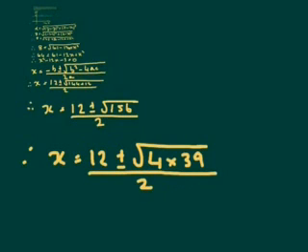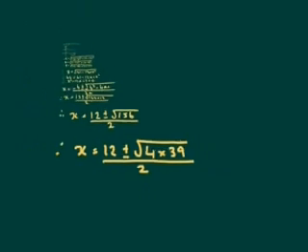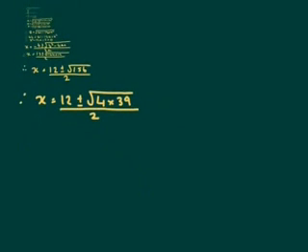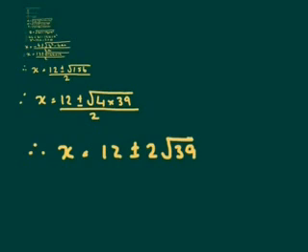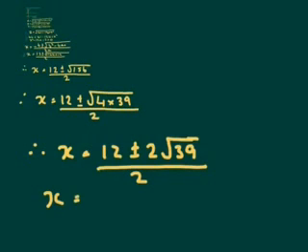And the square root of 4 is 2, so I can take that out, can't I? Therefore, x equals 12 plus or minus 2 square root 39. Square root of 39 cannot be simplified, can it? Over 2. And notice we can divide that by 2, that by 2, and that by 2 to get, x equals 6 plus or minus the square root of 39.